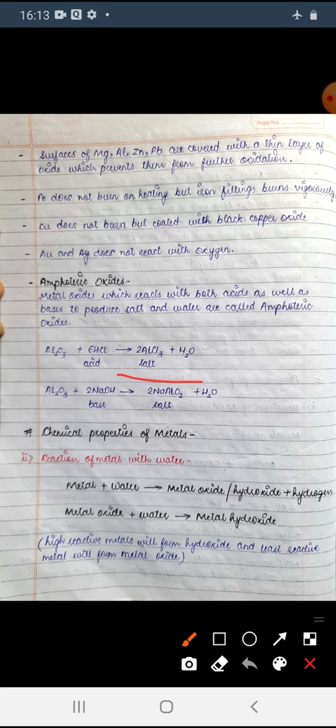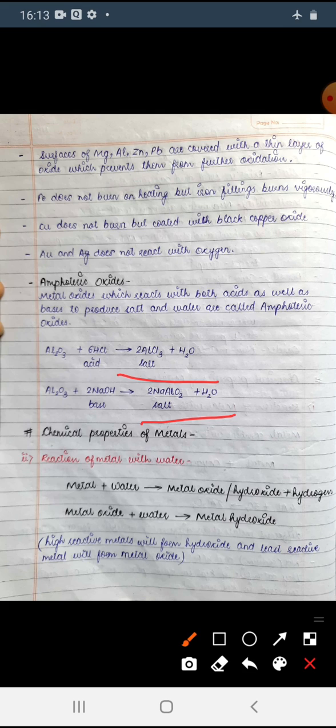Now, when the same oxide reacts with a base, Al2O3 plus 2NaOH, it forms a salt, 2NaAlO2, plus H2O, water is released. So in both cases, salt is formed and water is released. That's why these metal oxides are known as amphoteric oxides.